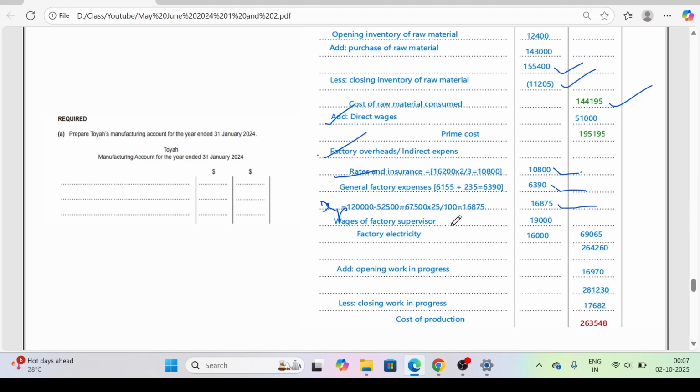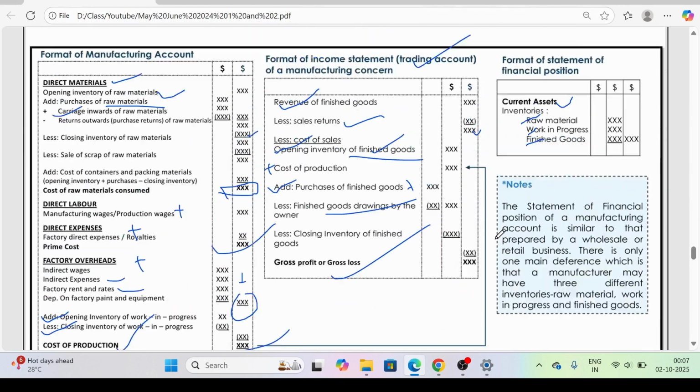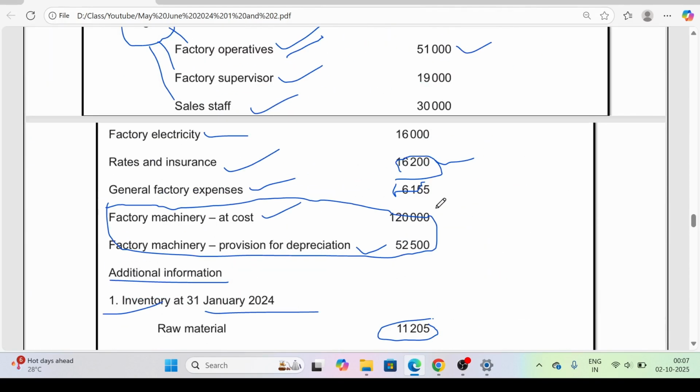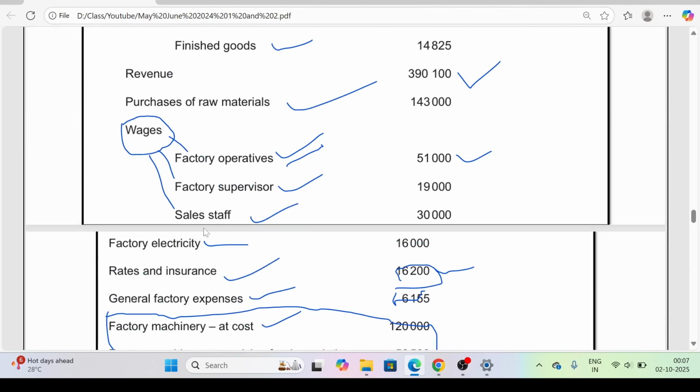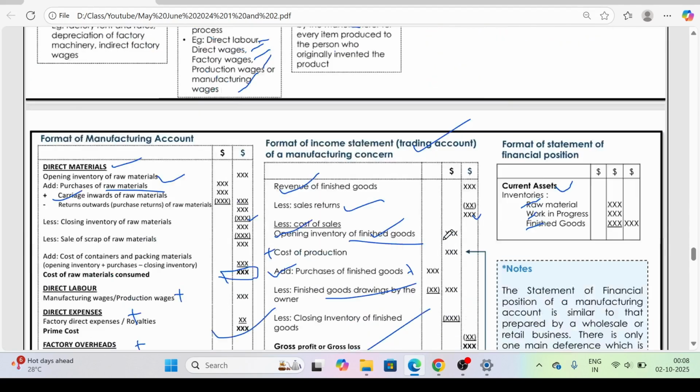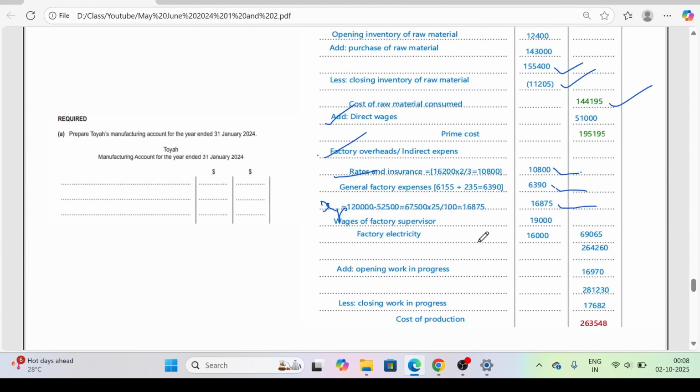Then wages of factory supervisor without adjustment, factory supervisor 19,000. Then factory electricity they already gave in the question. Without adjustment, for these two, add all the expenses and you will get 69,065.